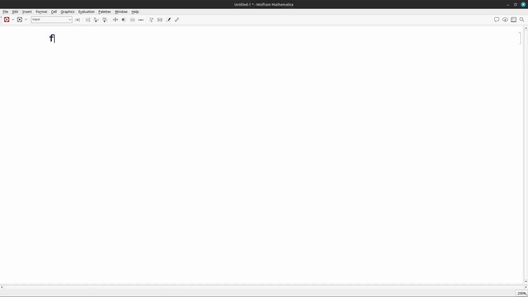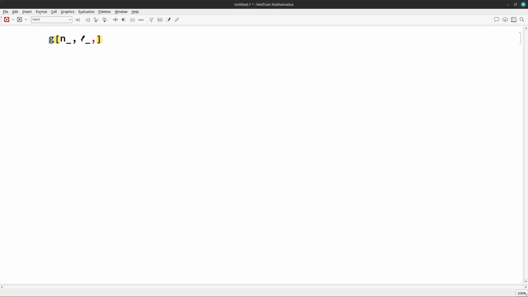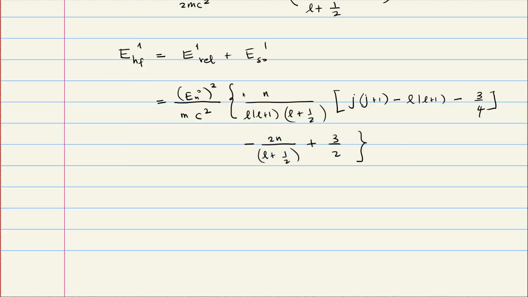Let me call this a g function, and it depends on n, l, and actually let me write j first. n, j, and l.